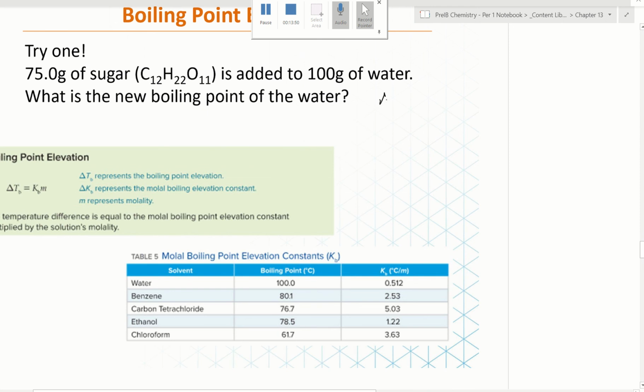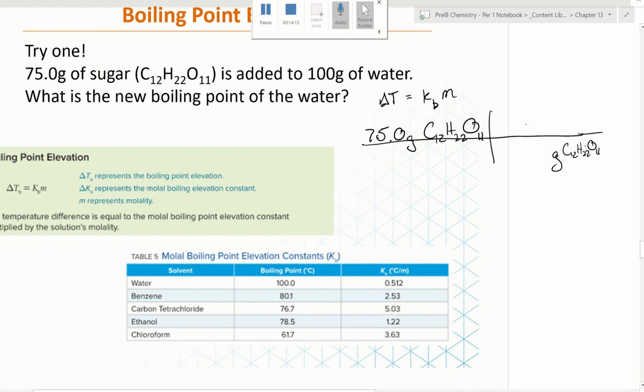Well, remember, the delta T is equal to K sub B times molality. Well, if I have 75.0 grams of C12H22O11, I need to turn that into molality. Well, if I know the grams of C12H22O11, I can find that I have a certain number of moles of C12H22O11.